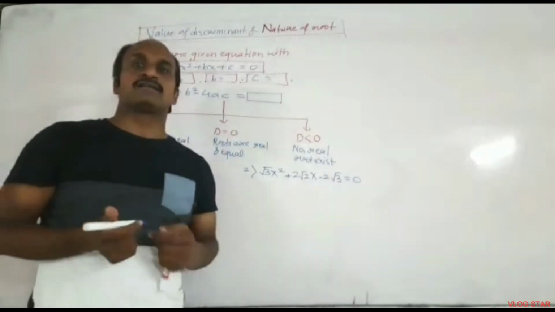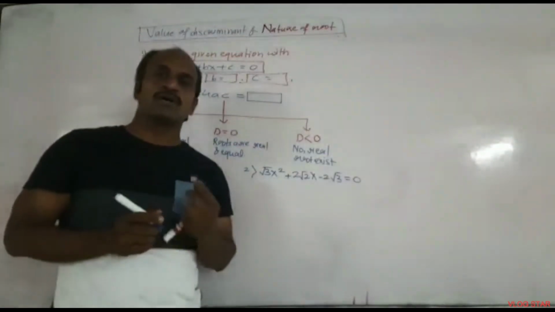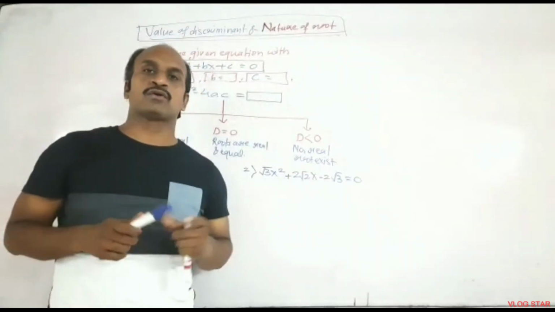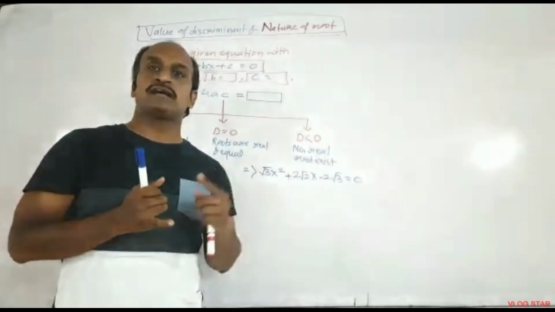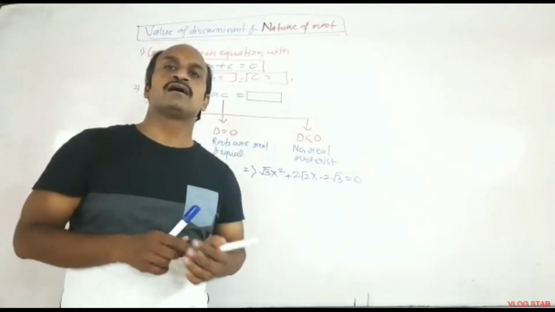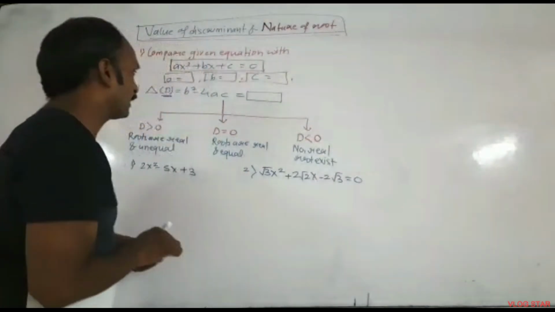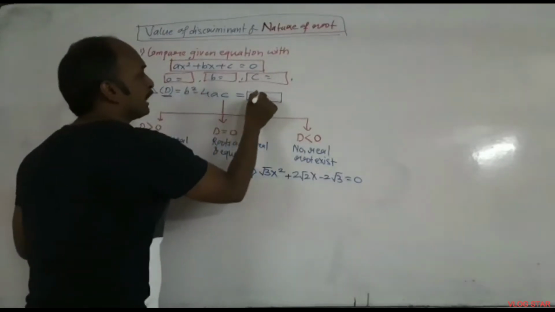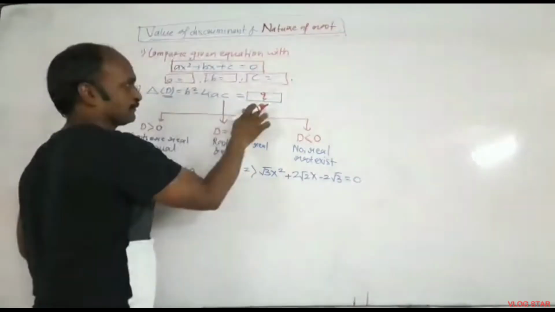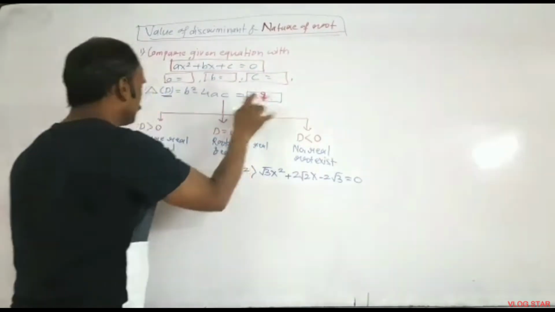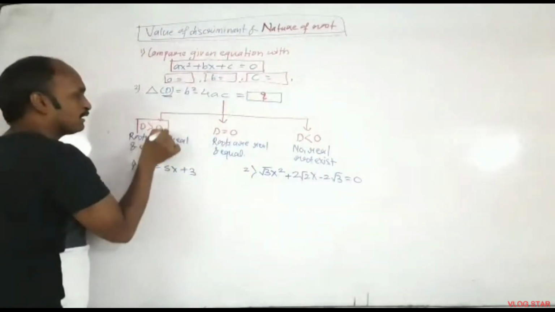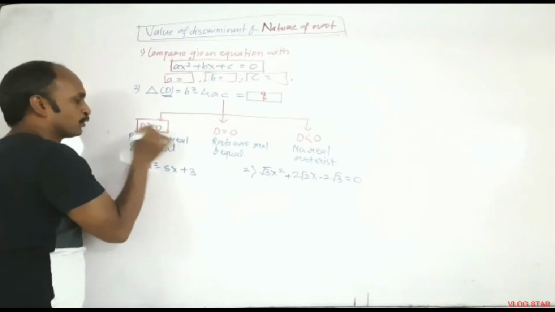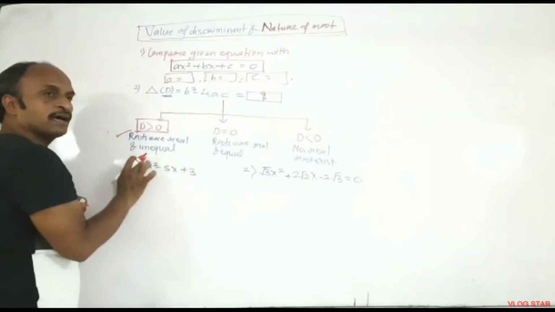This is called the discriminant because on the basis of it we can decide the nature of roots, whether roots are real and unequal, or roots do not exist. So find the value of b square minus 4ac, and based upon that value: if the discriminant is more than 0, then roots are real and unequal.